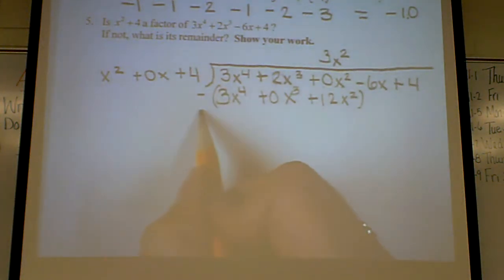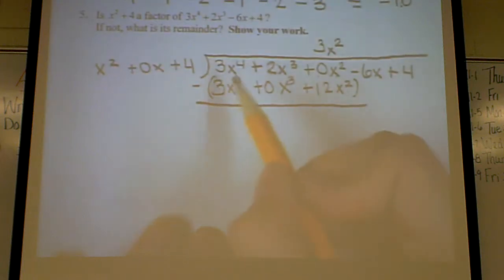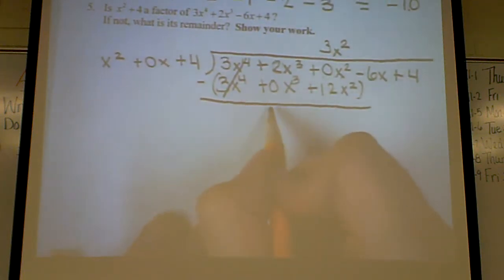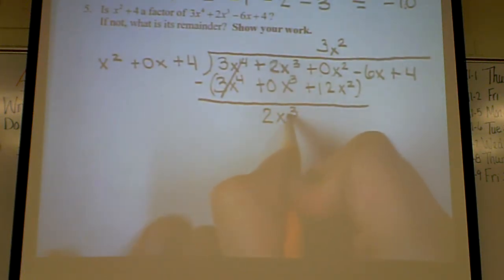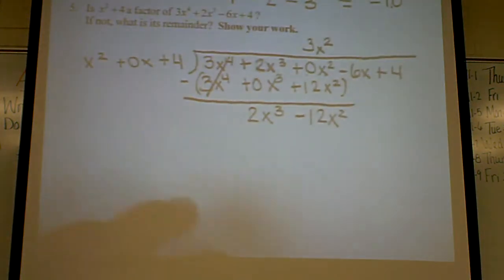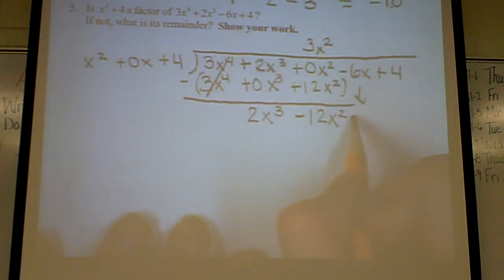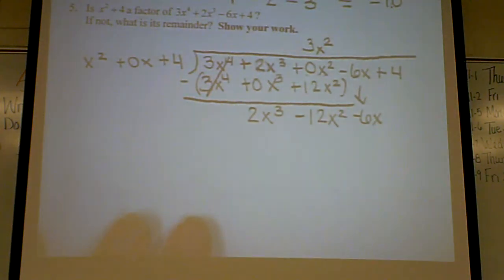And subtract these. What do I get? These cancel. This becomes 2x cubed, and this is -12x squared. I need to bring down my -6x over here.